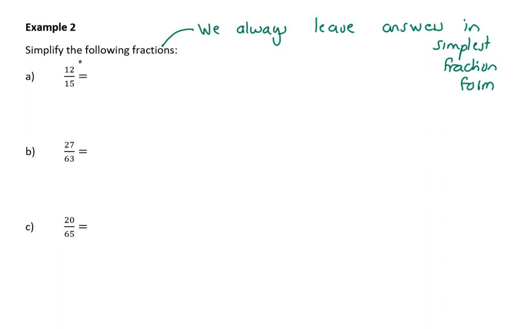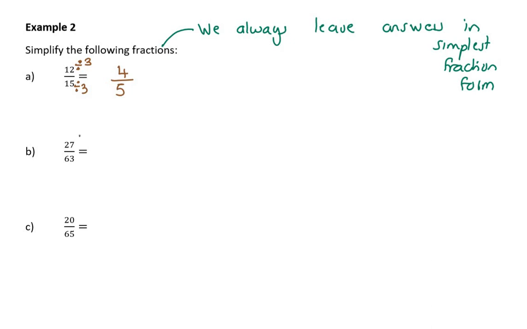So I'm going to say to myself, what number goes into 12 and 15? Well, 3 goes into 12 and 15, and 12 divided by 3 is 4, 15 divided by 3 is 5. Now, maybe I didn't guess the biggest number that went into them, so I might need to go and simplify some more. But in this case, I know that nothing goes into 4 and into 5.